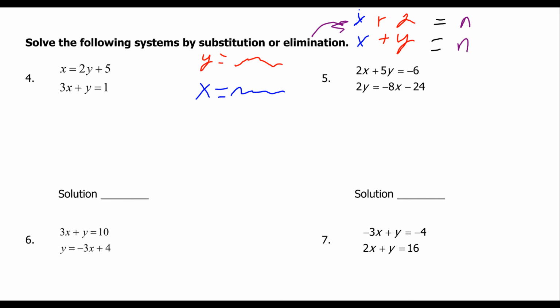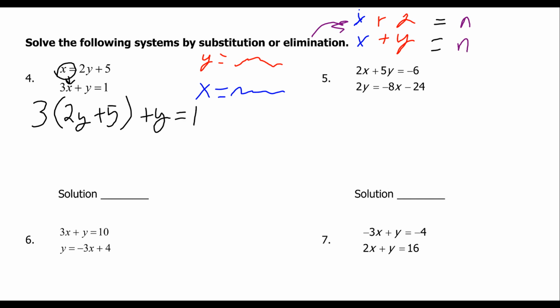Now, on problem number 4, as you can see, we have x equals. This right here is the single biggest indicator that we should use substitution. So we go ahead and plug that in, and that's going to be 3 on the outside of (2y plus 5), plus y equals 1.